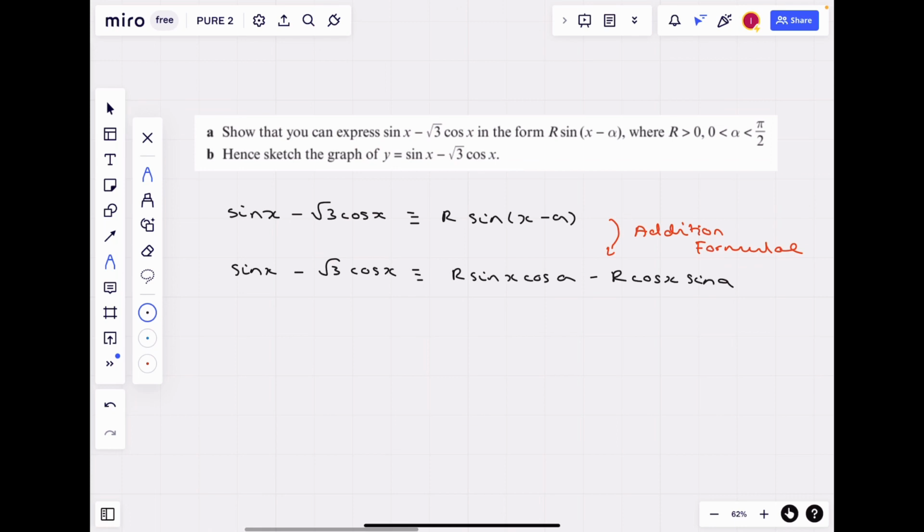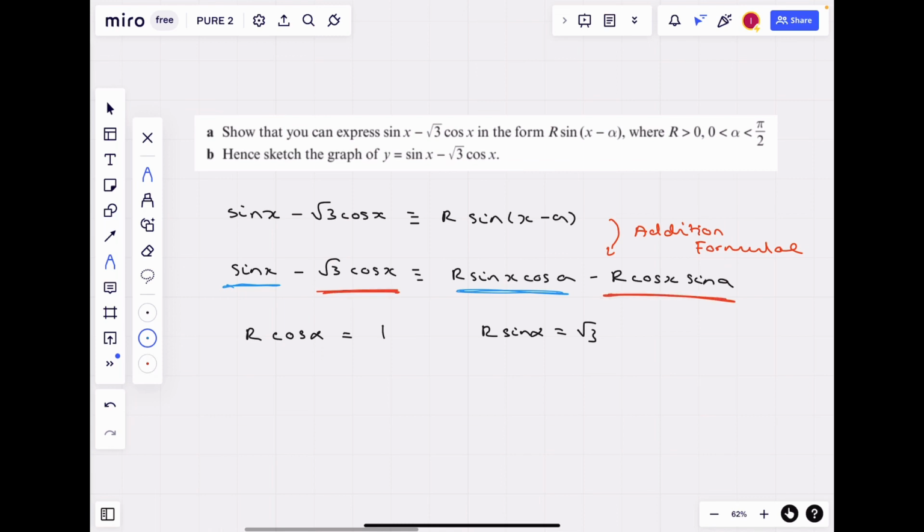Right, now, you're going to make r cos alpha equal to 1, and you're going to make r sine alpha equal to root 3. I know this because I'm equating the sine x's and I'm equating the cos x's.